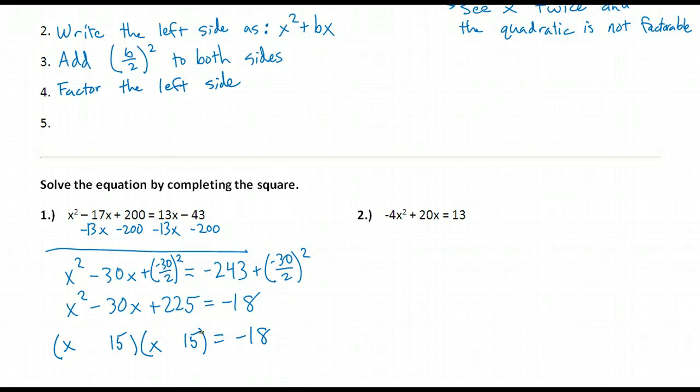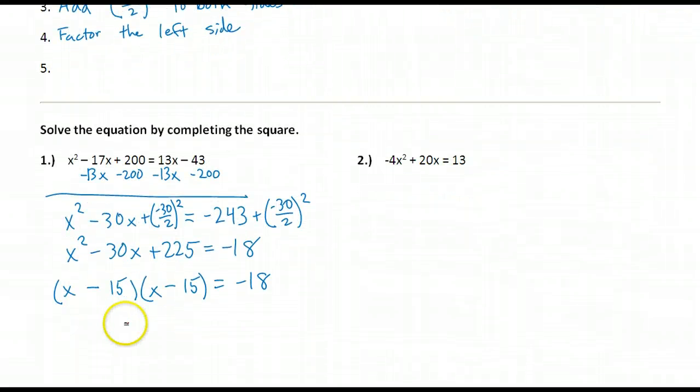And I want positive 225, so both of these 15s can be positive, or both of these can be negative. In this case, I want them both to be negative, so I can get a negative 30. If you notice, I have x minus 15 times x minus 15, which can be simplified down to x minus 15 squared.